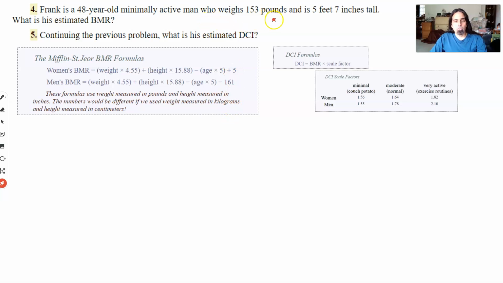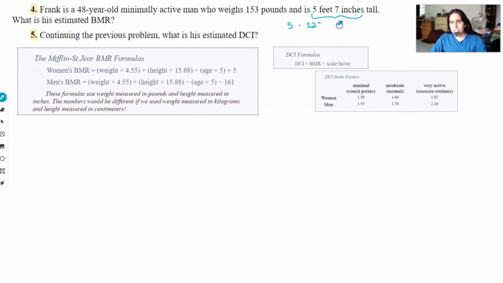He weighs a certain amount of pounds. That's the kind of weight we want to plug in. He's 5'7". We want to plug in a height in inches. So our first step is to say that 5 feet 7 inches, each foot is 12 inches. So 5 times 12 inches.